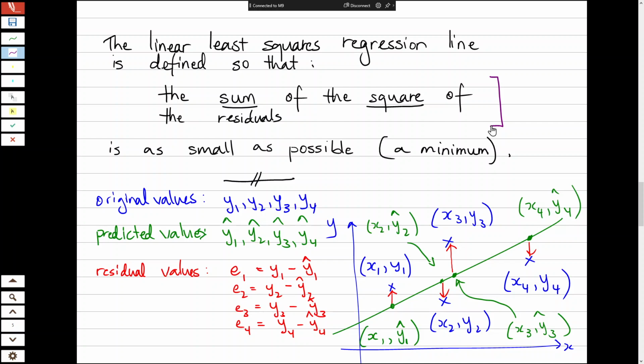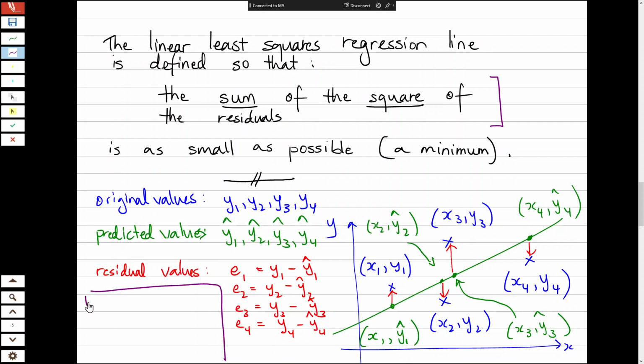So instead of adding up the residuals, what we actually do is we square these residuals and then we add them up. And there's some mathematical reasons behind that, which I can show you later. So I would like you to write this down.